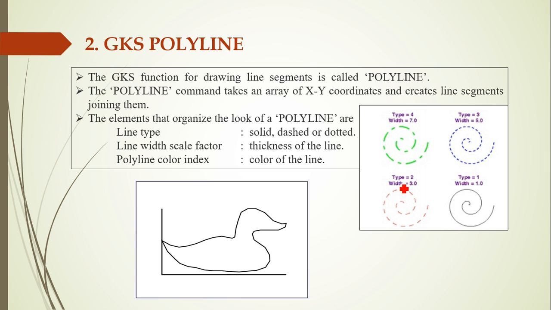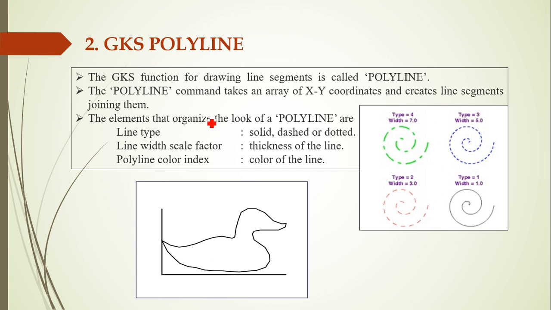It's again another dotted line. It's a type 1, a solid line. So these are the various types of polylines available within the primitives. You could select the suitable one from this. These are the major options you have. So you could draw an image by selecting any of the line types available within the GKS primitive.